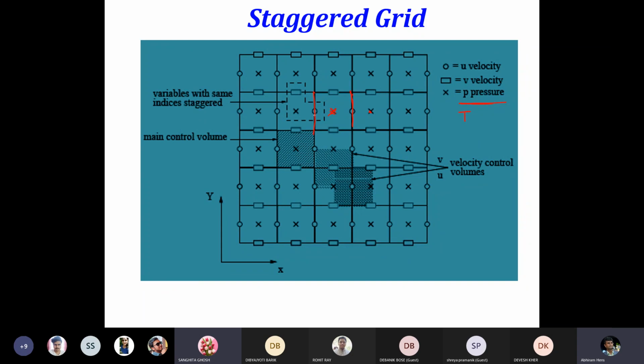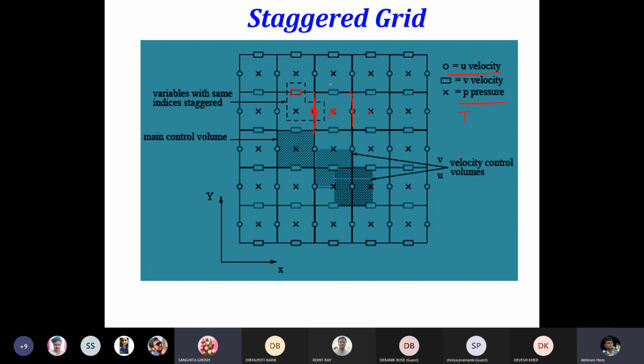For example, here in this vertical line, at the midpoint of the face, indicated by the circle, you store the u velocity. So this circle is storing the u velocity, and the v will be saved here.